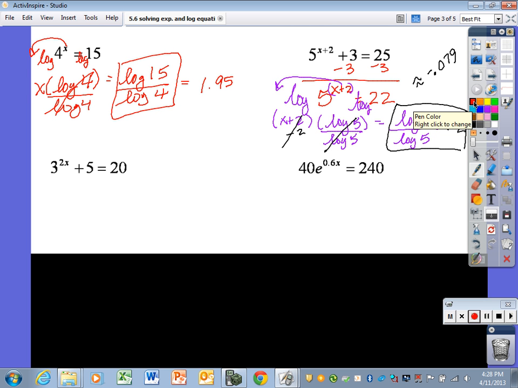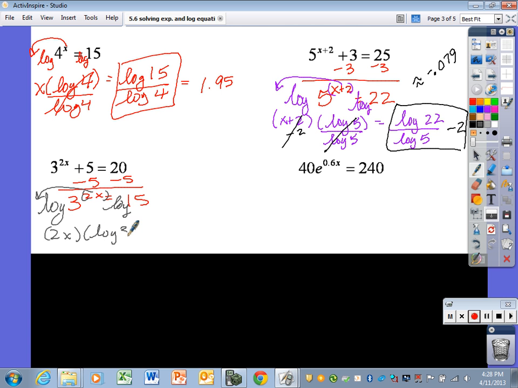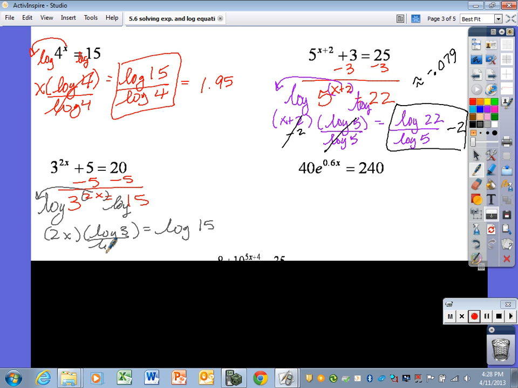3 to the 2x plus 5 equals 20. What do I do first? Subtract 5. Can 3 and 15 ever be written as the same base? No, so I must log both sides. My power comes to the front. 2x times log 3 equals log 15. Divide by log 3.